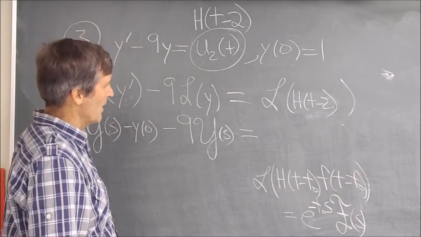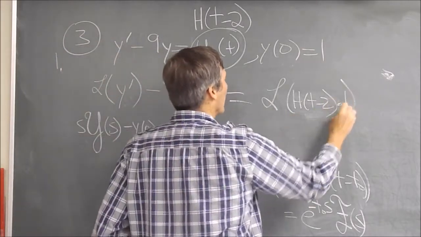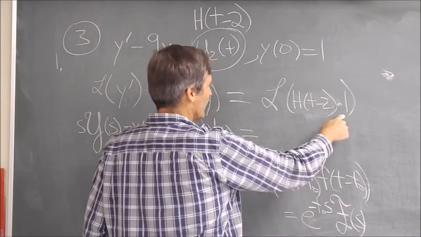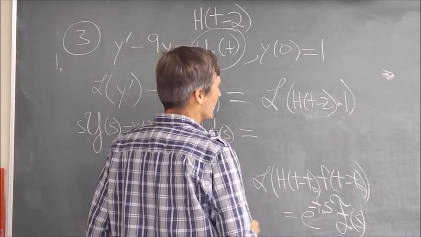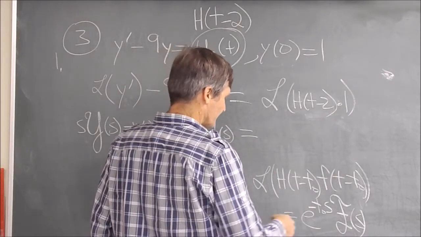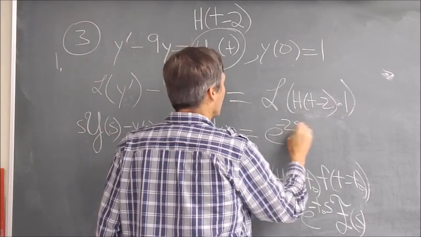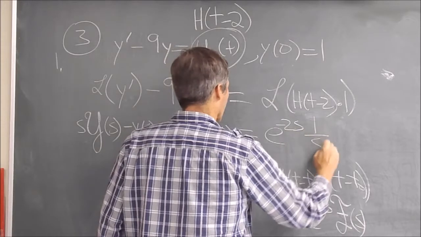So we need to apply that, but we just have H(t minus 2), right? Oh, just multiply it by 1. All right, so f is the function 1, and there's no t in it, so shifting it doesn't change it. It's still a horizontal line. So we must have e to the minus 2s times the transform of 1, which is 1 over s.